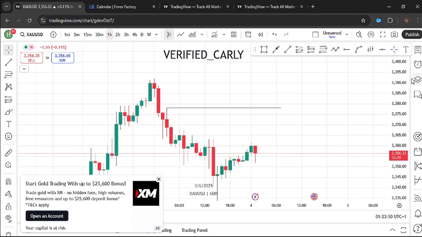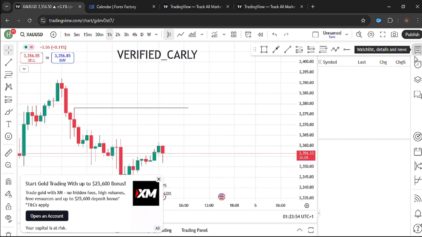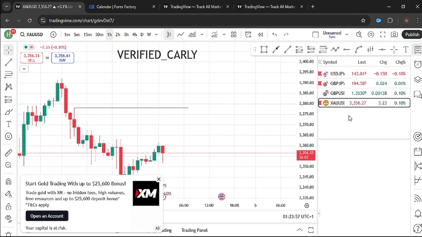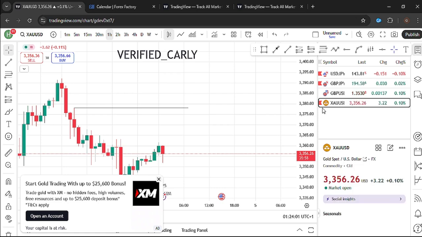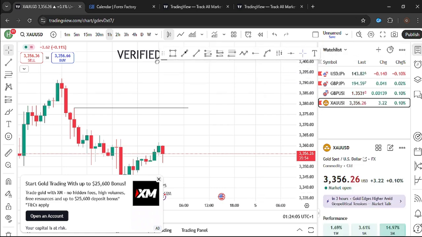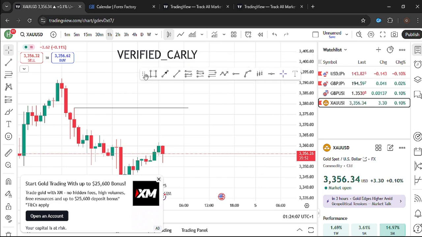Then moving to the next, this is watch list. So you can see watch list is where you can add maybe pairs that you'll be trading. That's the use of watch list. Remember, keep your focus tight. No need to look for 20 charts for you to fill your watch list, okay?